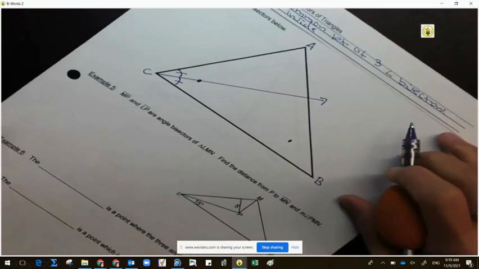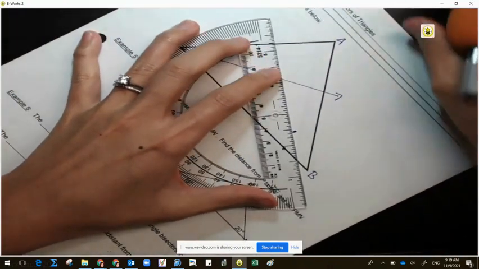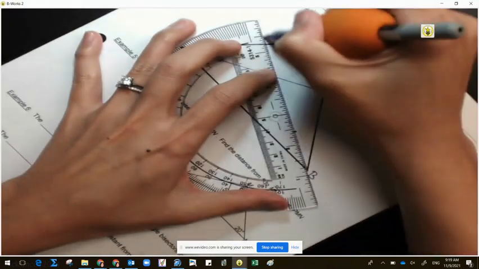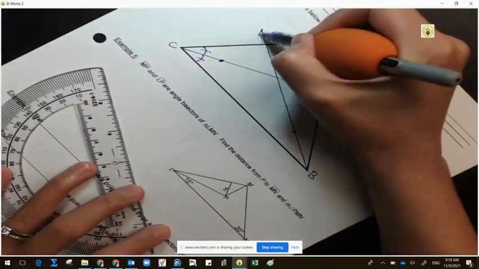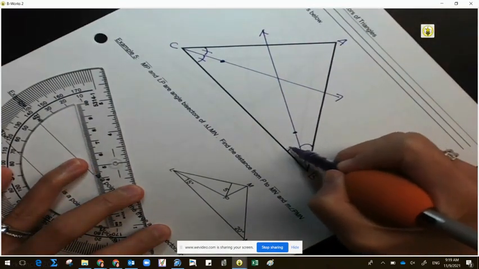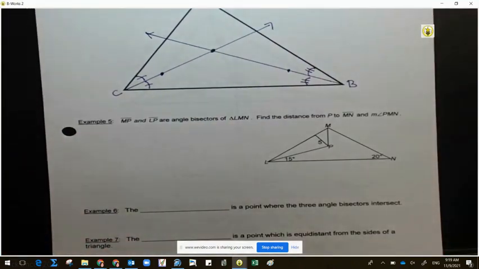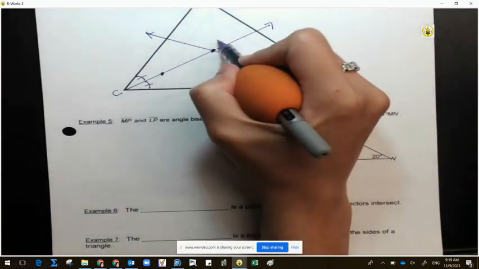No. So I'm going to go ahead and bisect B. So I have an angle bisector right here. And let's put a tick mark. And let's put the center at the intersection and call that point D again.